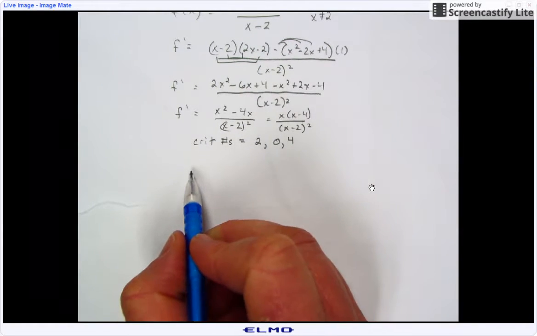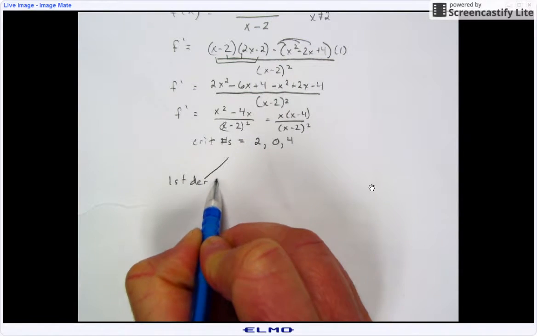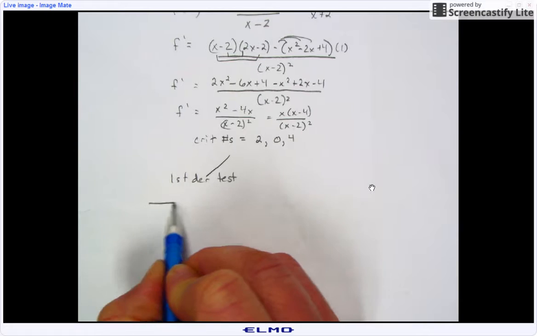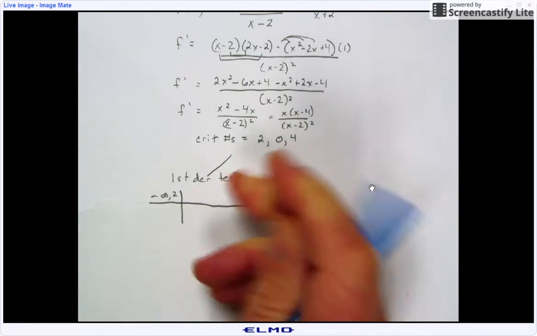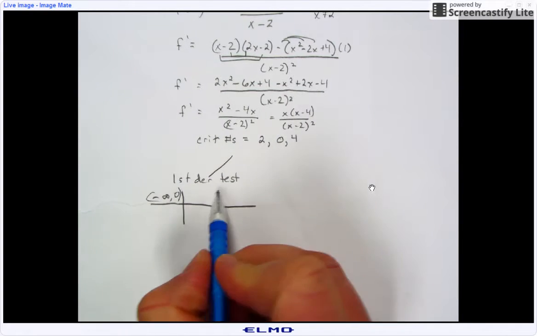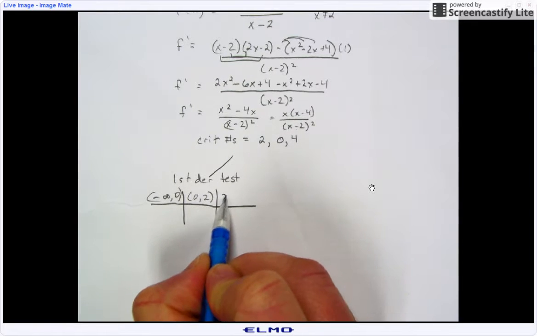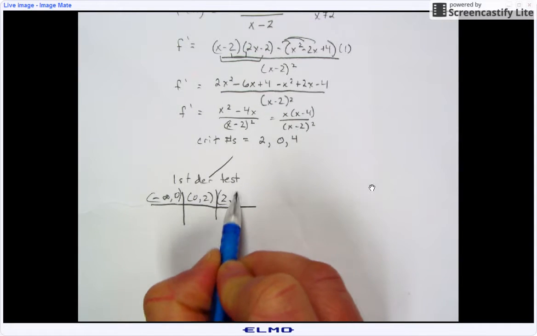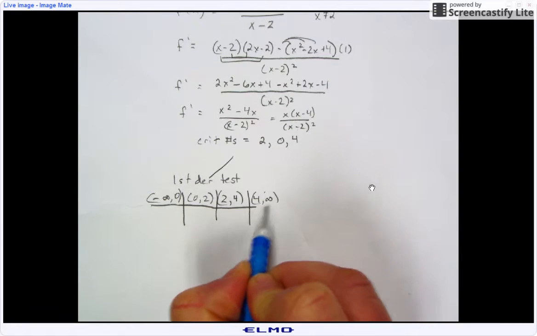Okay, so if we're going to do the first derivative test, we need to test the intervals where these critical numbers happen. So negative infinity to 0, 0 to 2, 2 to 4, and 4 to infinity.